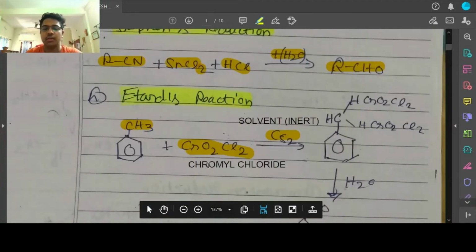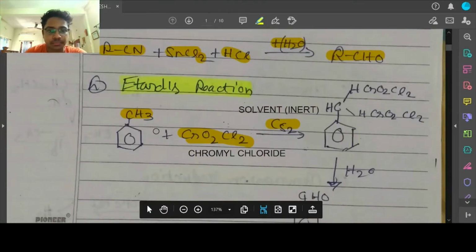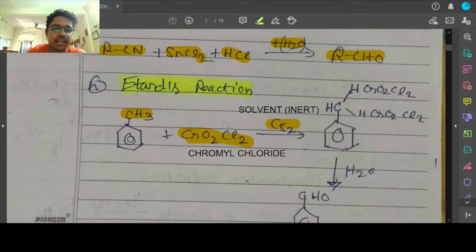And this is toluene, not to be confused with anisole, as I said earlier. Toluene in the presence of chromyl chloride, CrO2Cl2, in the presence of an inert solvent. You need to remember these things by heart.